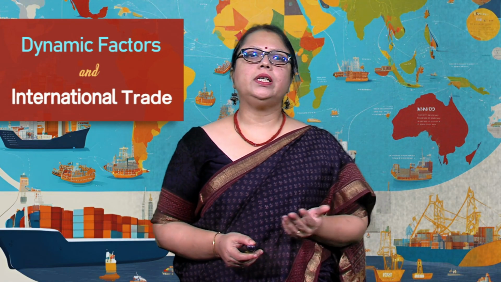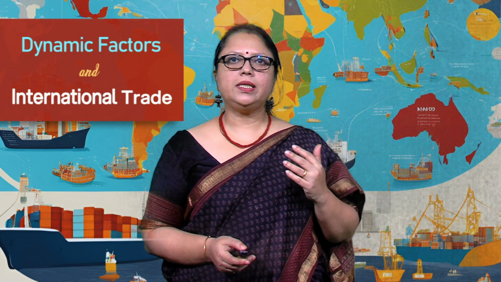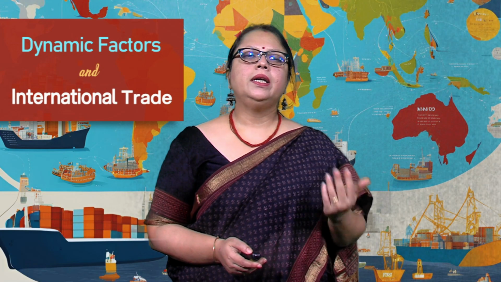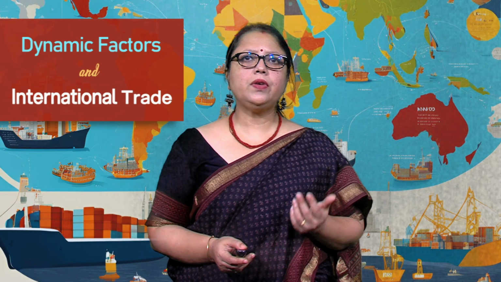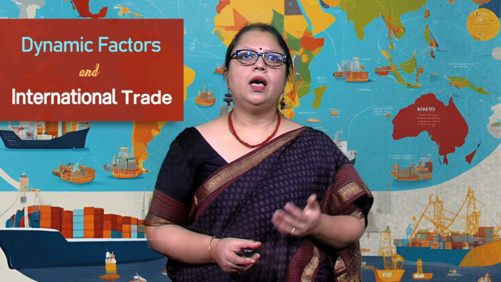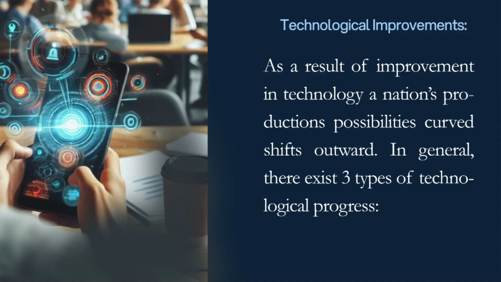Then technological improvement. Now let us discuss the relationship between technological improvement and how it affects international trade. As a result of improvement in technology, a nation's production possibility curve shifts outward.